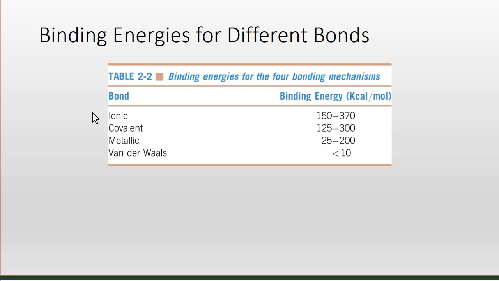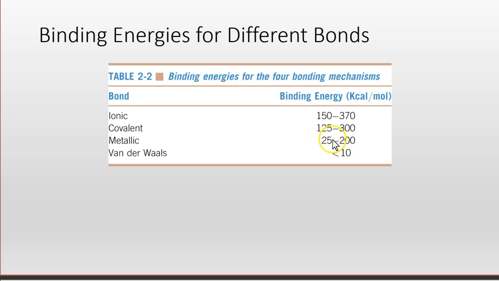The binding energy is the energy required to break apart a bond, and here we see it listed in units of kilocalories per mole. We can see that the van der Waals bonding is very weak, and it doesn't take much energy to break them apart.